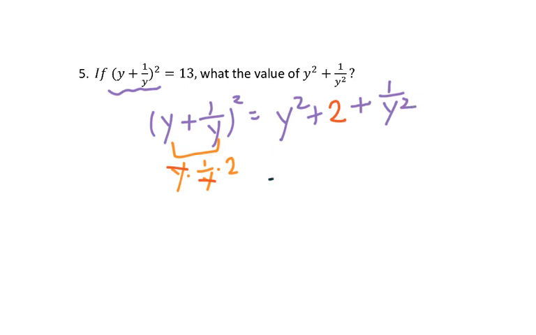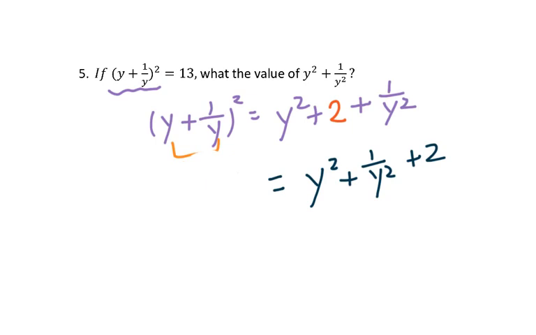So I reorganize: y squared plus 1 over y squared plus 2 equals (y plus 1 over y) squared. So you need to subtract 2 from both sides.